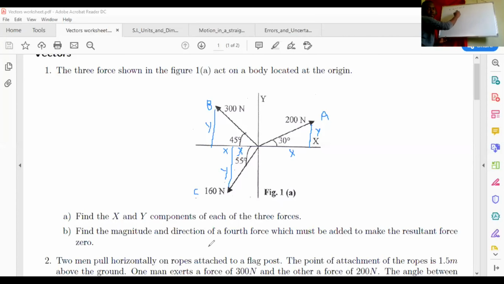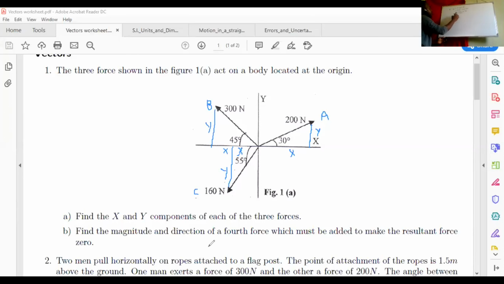F is 200 cos the angle, which is 30, and we get 173.2. That's our x component.